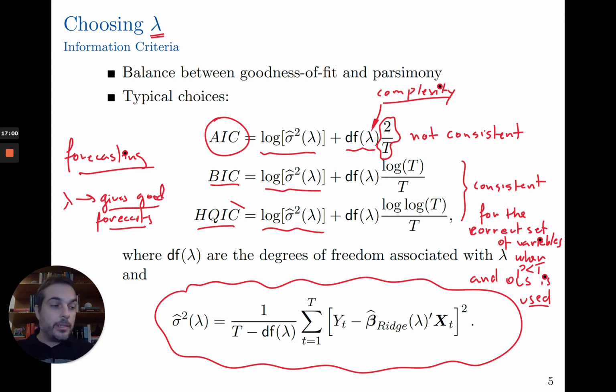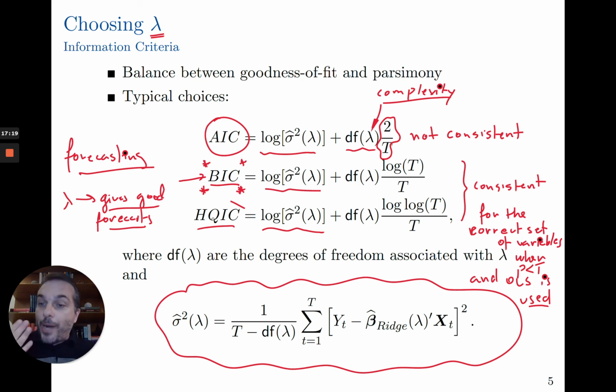Myself, I prefer BIC. So BIC is my chosen one. Why is that? Because it's consistent in this specific case, but running Hannan and Quinn is also consistent.